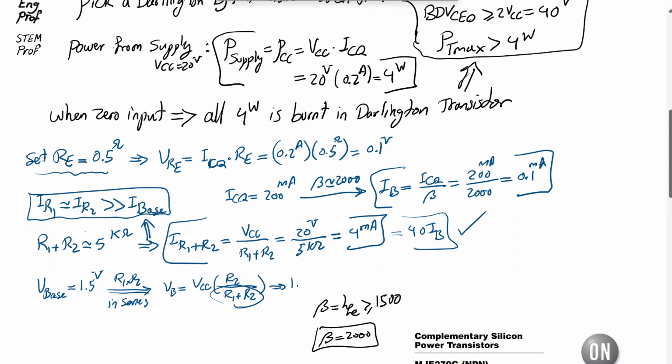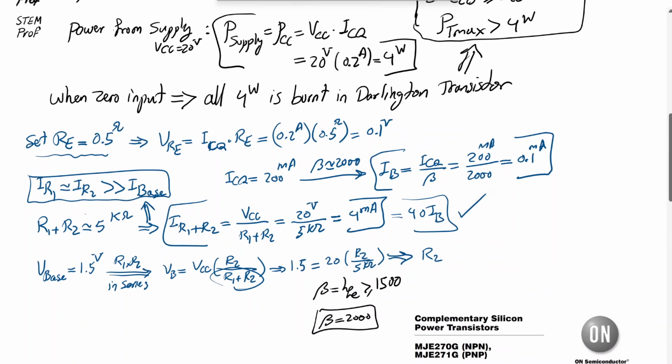So 1.5 is equal to 20 volt times R2 divided by 5K. From here we can find that R2 is simply 1.5 K divided by 4. So that's the value of R2.